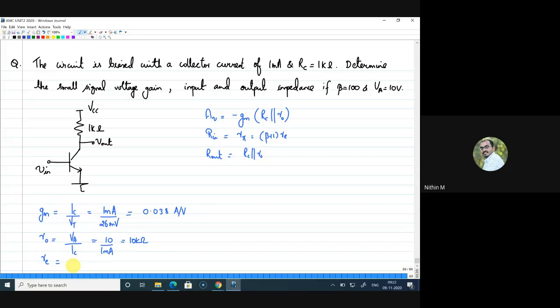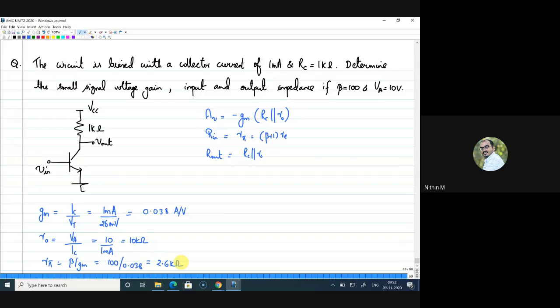Since you have beta and gm, you can directly find it. So no need to evaluate RE separately. R pi is beta by gm, which is equal to beta, 100 in this case, by gm, 0.038. That will directly give you R pi. What is R pi? It will be 2.6 kilo ohm, right?